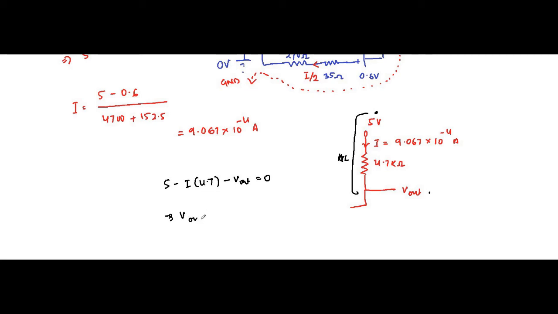That implies Vout is equal to 5 minus 4.7 kilo ohm into I, which is 9.067 into 10 to the power minus 4, which will be equal to, let us calculate, which is coming around 0.738 volt. The result is 0.738 volt, that is Vout.